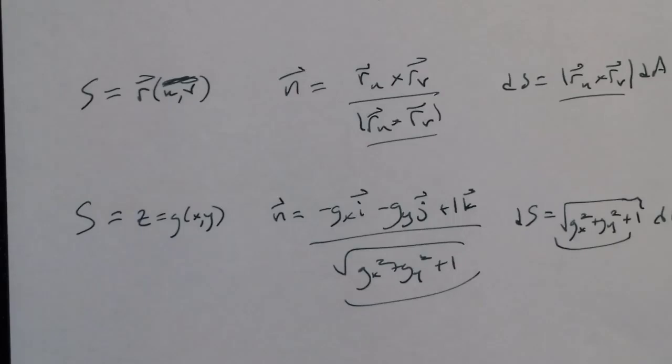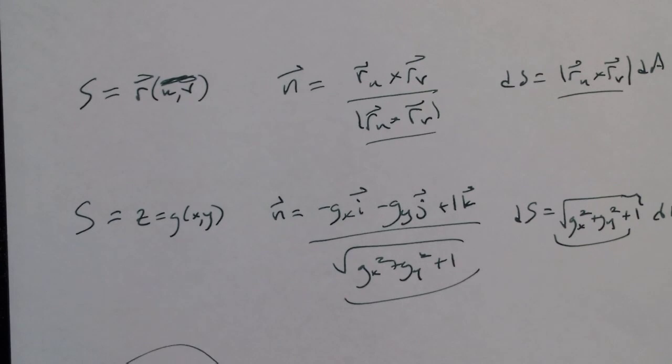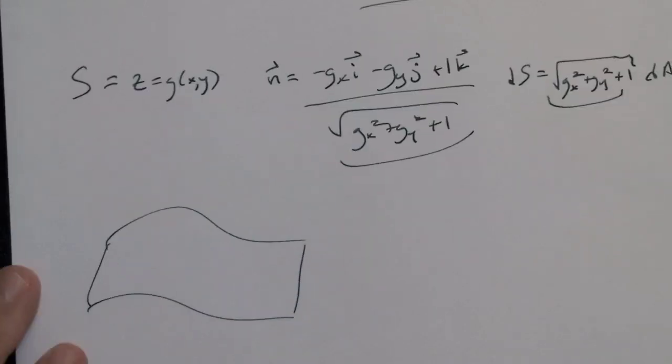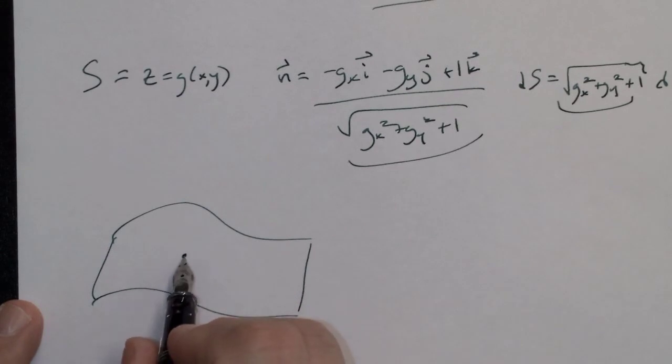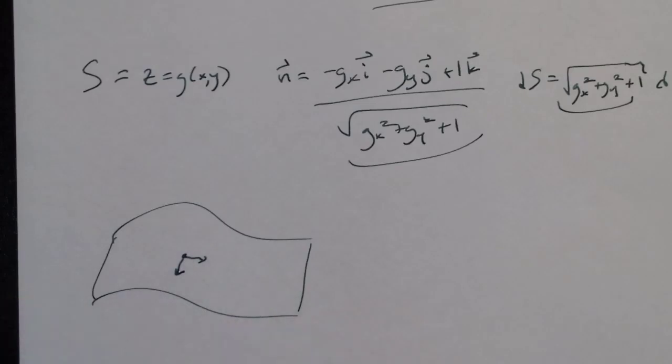Where is that coming from? That comes from our tangent plane. I've got my surface, and I've got a point, and I've got the partial with respect to X and the partial with respect to Y on that.